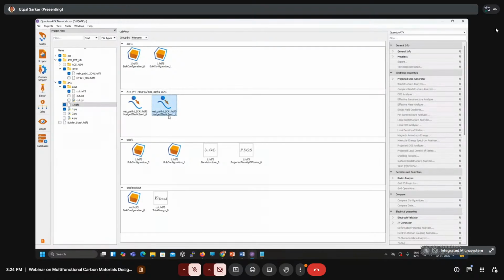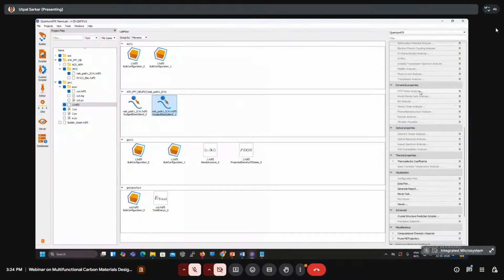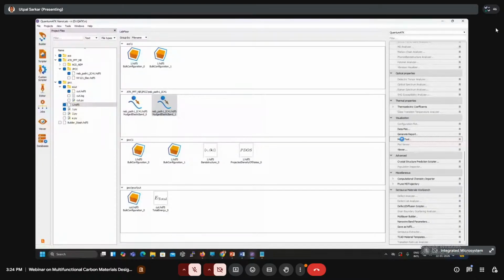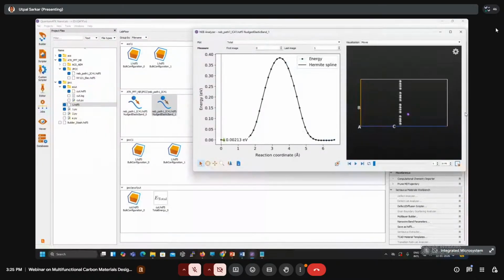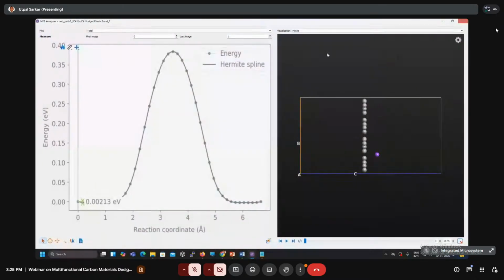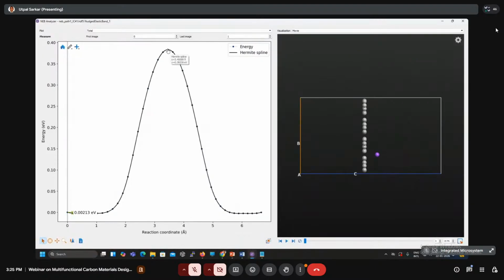Then select the HDF5 file. Actually, one is the optimized NEB file. Then select NEB1 HDF5. Then we will go to the Movie tool, and here is the NEB path, the NEB graph. And for our path 1 calculation, the diffusion barrier energy is 0.38 electron volt.